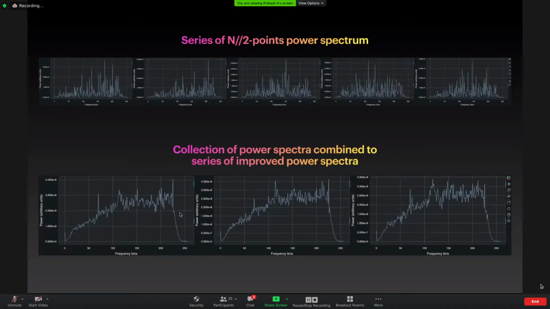For instance, you can see in the bottom it is essentially the average or sum of about 100 of these power spectra, and you can see that the noise level, which is essentially the fluctuations in between, is much smaller compared to the contribution at individual frequencies.